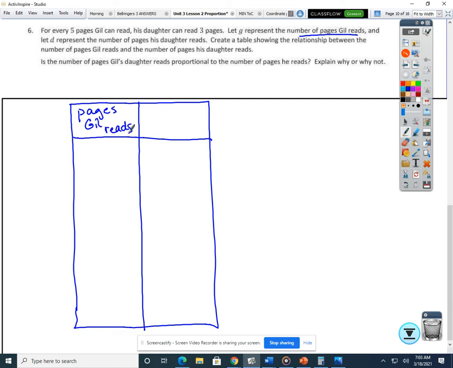And they are calling this G. And the second thing is the number of pages his daughter reads. Pages daughter reads. And they are calling that D. All right. They tell us that for every 5 pages Gil reads, his daughter reads 3.